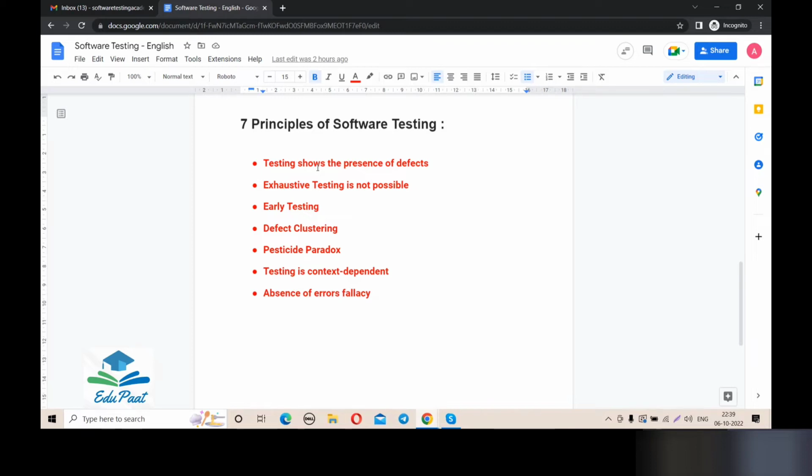We are not testing 1 to 1 lakh numbers. We just test a few random numbers, and after testing them, if my test cases are working perfectly fine, okay, this is the basic example.